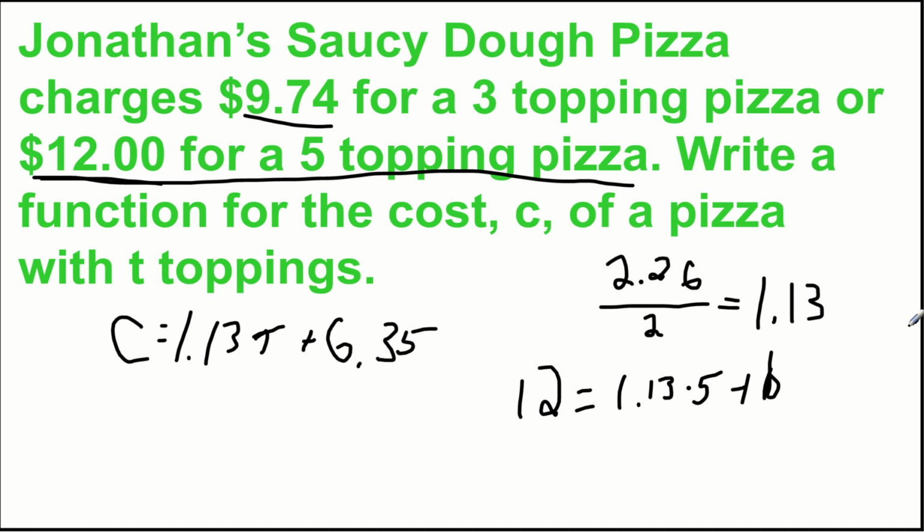So you do $1.13 times 5. That gives you $5.65. So you got 12 equals 5.65 plus b, and you just subtract that from 12. So our b value is that $6.35.